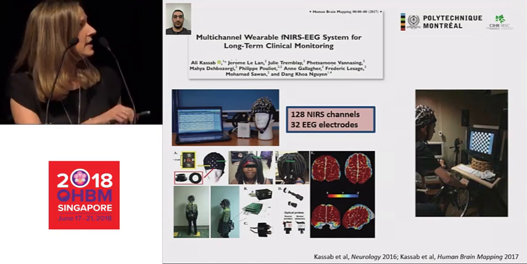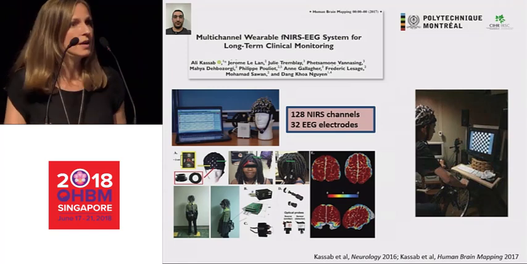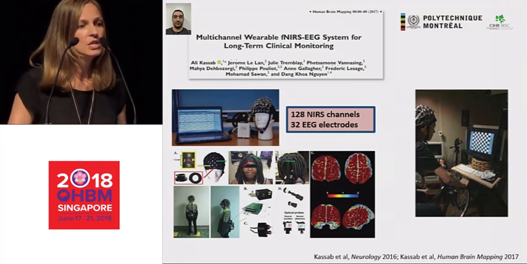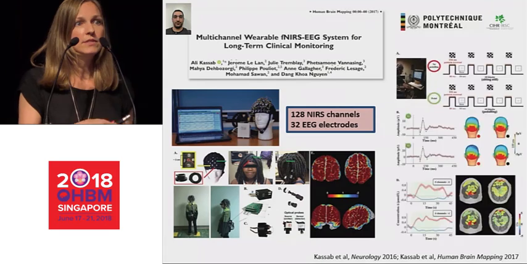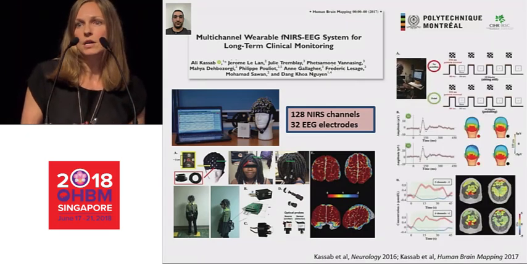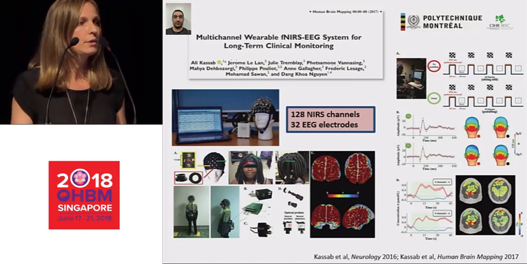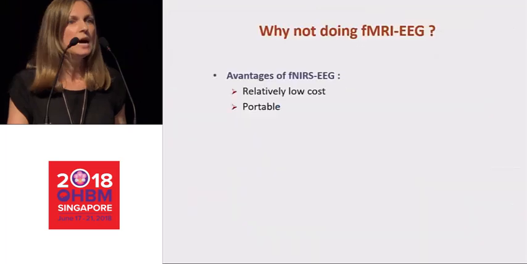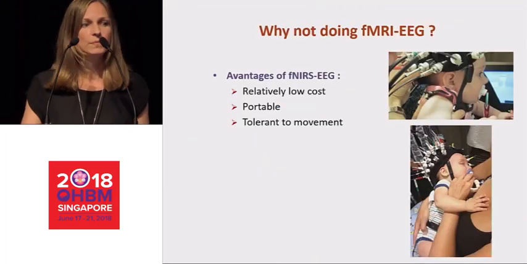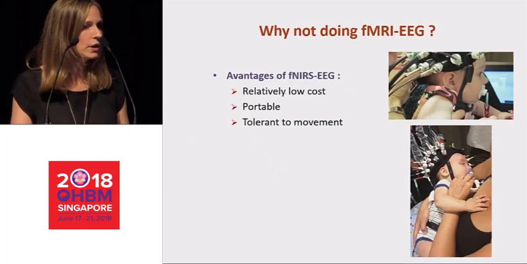Ali Kassab, a PhD student with Frédéric Lesage and Daniel Nguyen, showed that this device provides a very strong and stable EEG and NIRS signal while the participants were cycling. We now use it in the ICU with epileptic patients in Montreal.